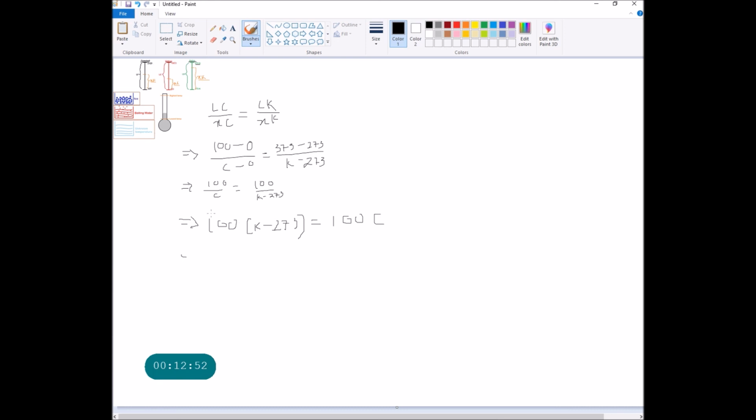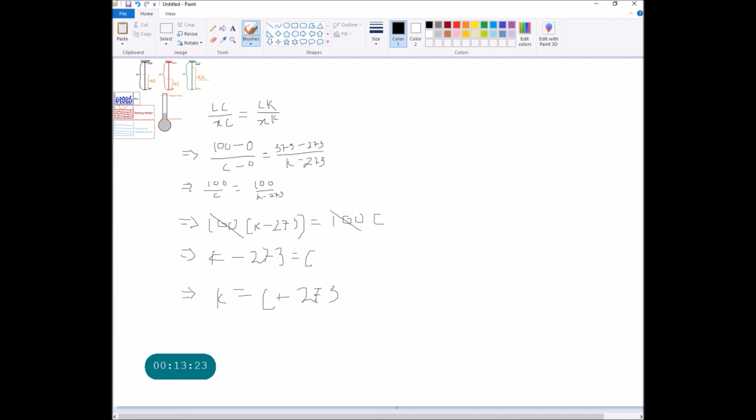Now this 100 and this 100 get cancelled, so K minus 273 is equal to C, and when we take this minus 273 to the other side, it becomes plus 273. So K is equal to C plus 273.